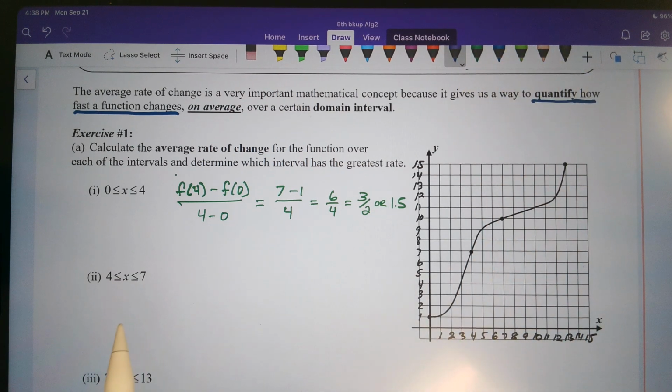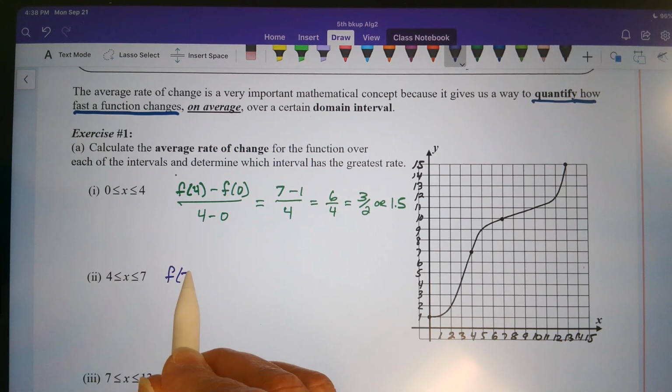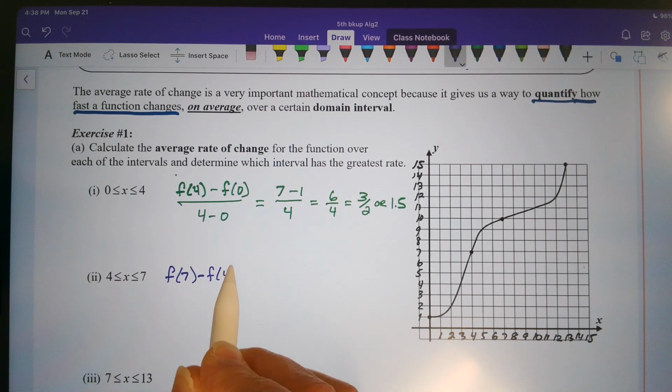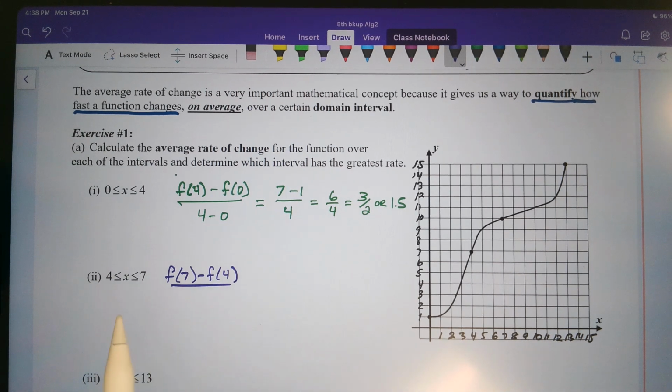Next, we want the interval from 4 to 7. f of 7 minus f of 4. It's my habit to always start with the value that is on the right-hand side of the interval, because that's always the larger value. Can you do f of 4 subtract f of 7? Yes, as long as in the denominator you're consistent in that you would then do 4 subtract 7.